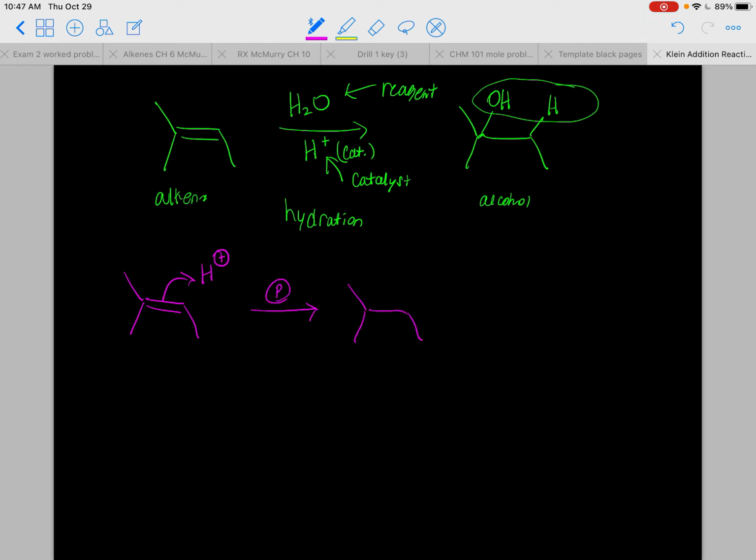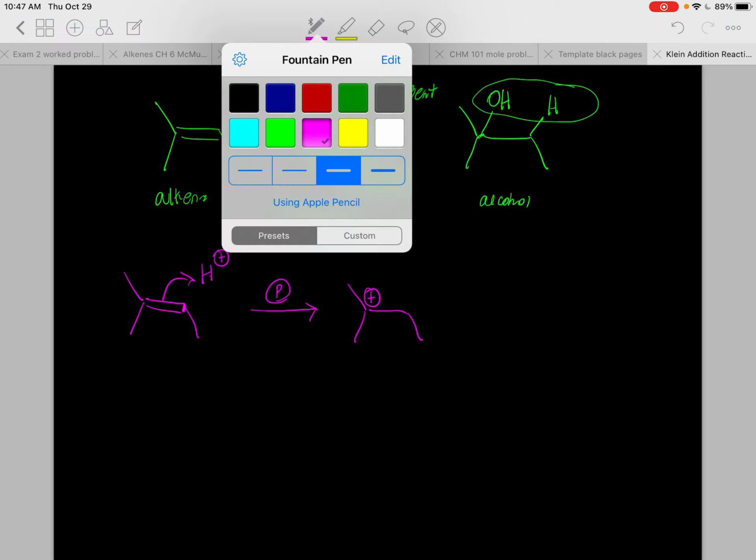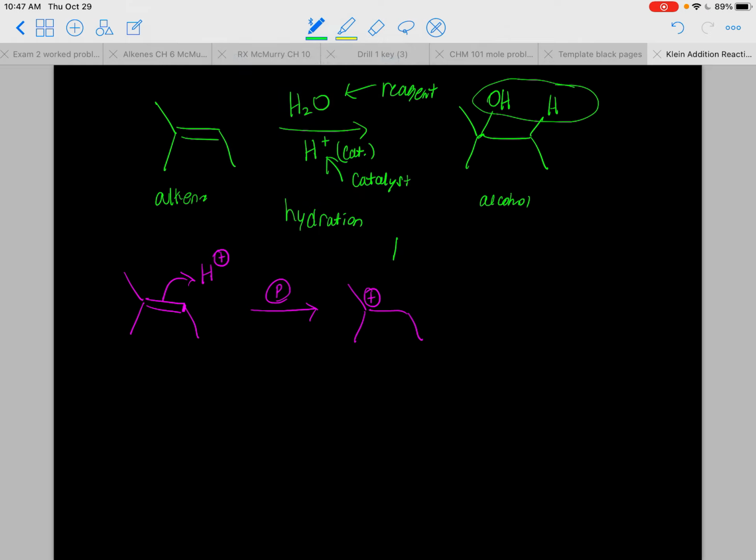And again, you want to stick the hydrogen on the richer carbon so that you have a more substituted carbocation on the other. So here's a carbocation. And what happens is water is going to engage this. Water is a nucleophile because it has lone pairs on the oxygen atom. And the oxygen is going to attack that carbocation.